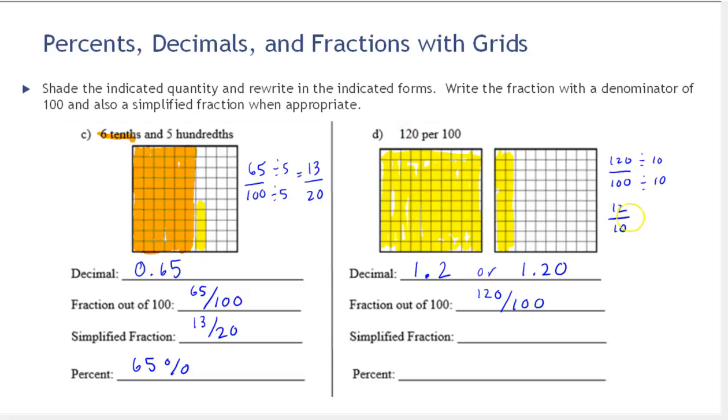And now these are still both even, so I could divide by 2. And you could divide by 20 the first time if you wanted. So this will be 6/5. So 120 over 100 is equivalent to 6/5. And as a percent, we can look at the fraction out of 100, and we have 120 per 100, or 120%.